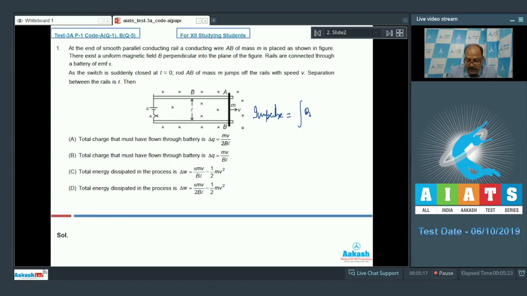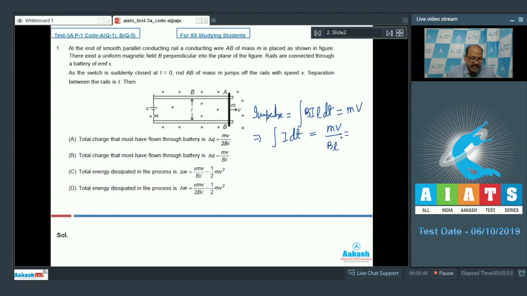The force will be BIL dt, and this we know will be mv because that's the change in momentum. This gives us integral I dt equal to, B and L being constants, mv upon BL.